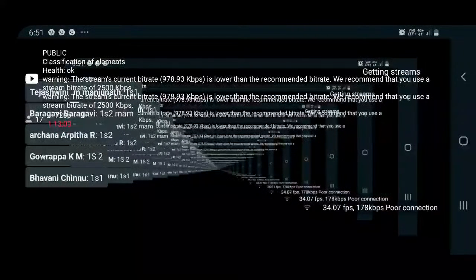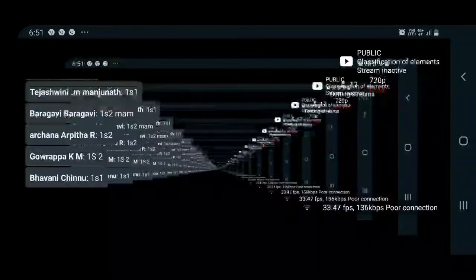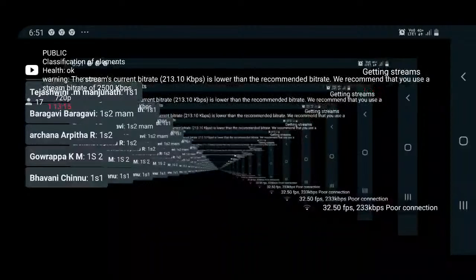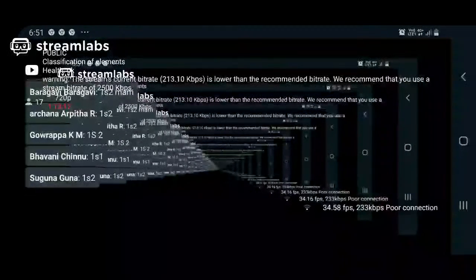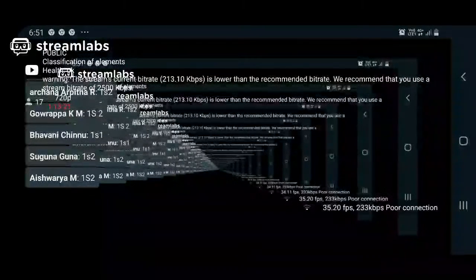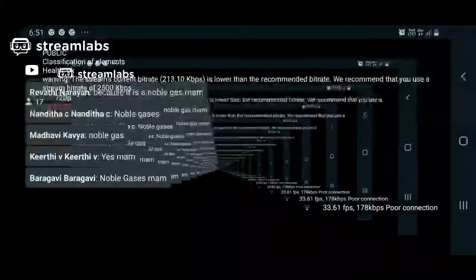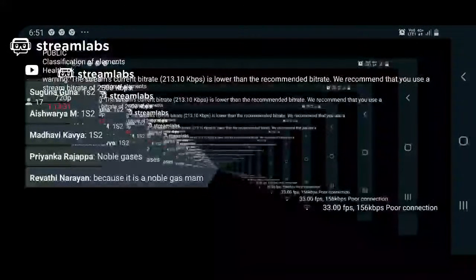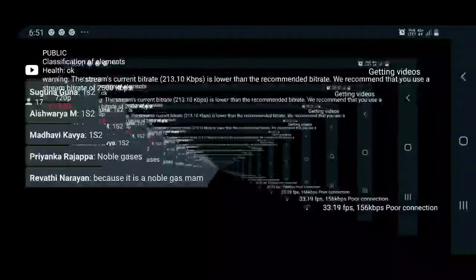And octet structure. Octet structure means 8 electrons in the outermost orbit. When it attains octet structure, they remain stable. Their valency is 0. They are completely stable, hence they are inactive.